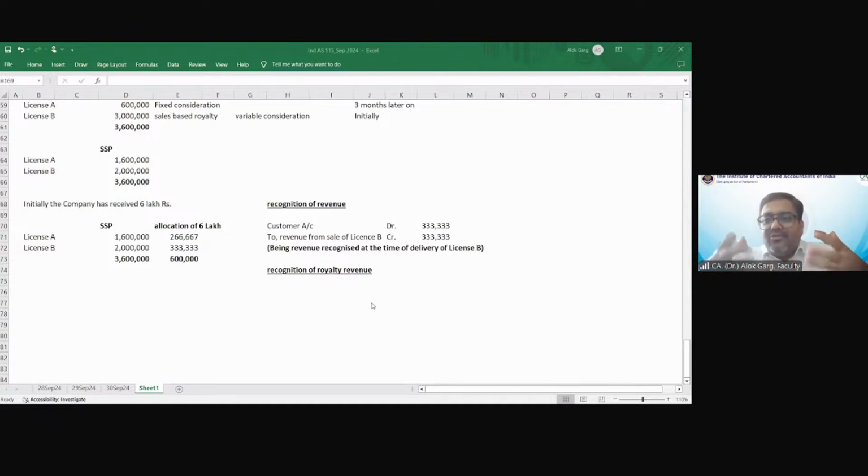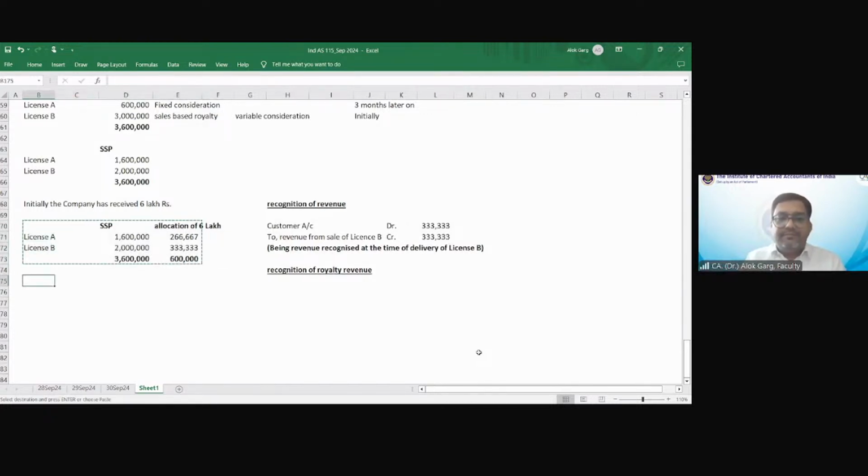So you have to see this contract in one eye. The whole price is 36 lakh rupees. So whatever the entity will receive, the entity needs to allocate in the ratio of the standalone selling price. Because there is a nexus, there is an arrangement in the contract. Right? So in the upper case, for recognition, we will only recognize relating to license B, but I need to allocate in the ratio of standalone selling price.